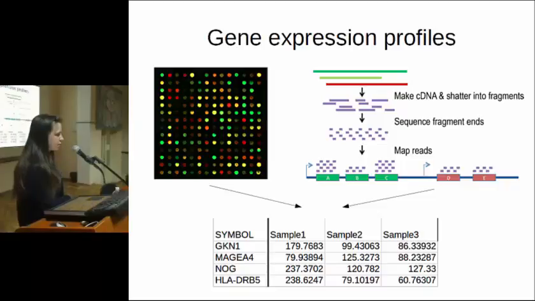What is a microarray? It is a chip which contains probes on its surface which should capture the target transcripts. And in the end, you will get a picture like this, where each dot has a different color and different level of brightness.